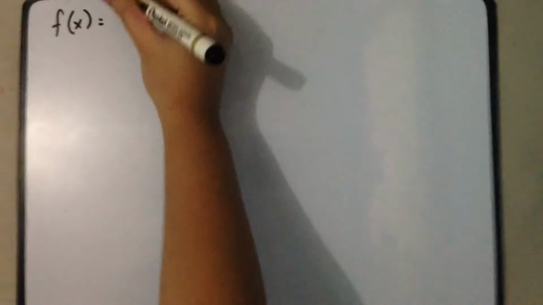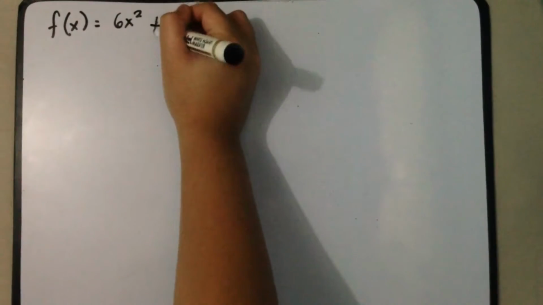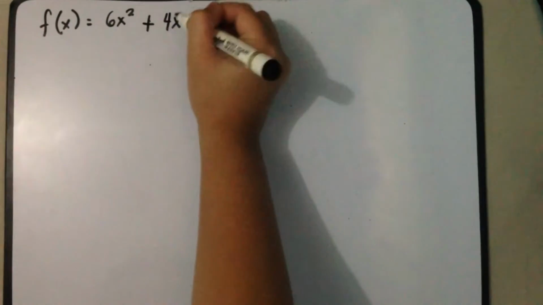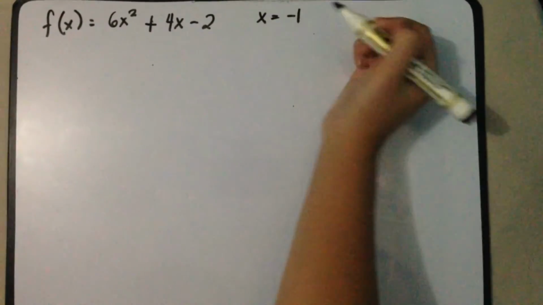So another example is f of x is equal to 6x squared plus 4x minus 2 and x is equal to negative 1.